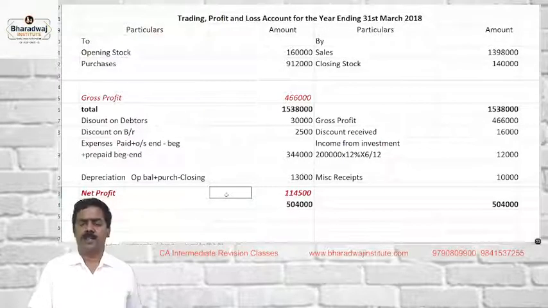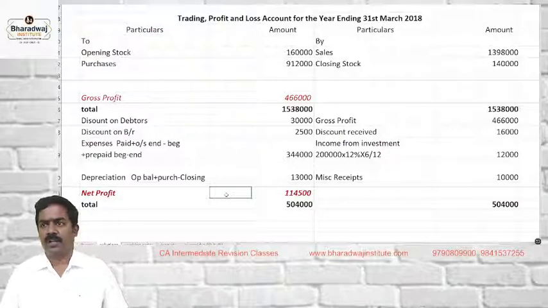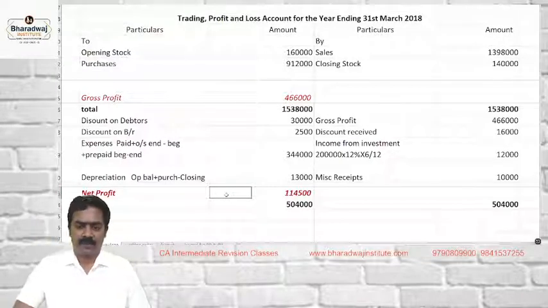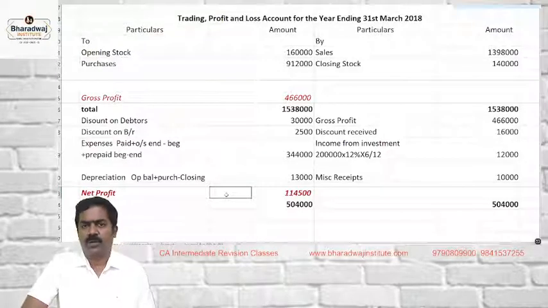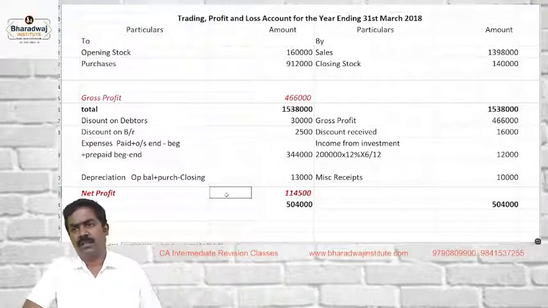Next, prepare the balance sheet. The ninth problem, you can keep it as homework. I will, of course, send the solution in the group. By tonight, I will work out the solution and share it in the group.